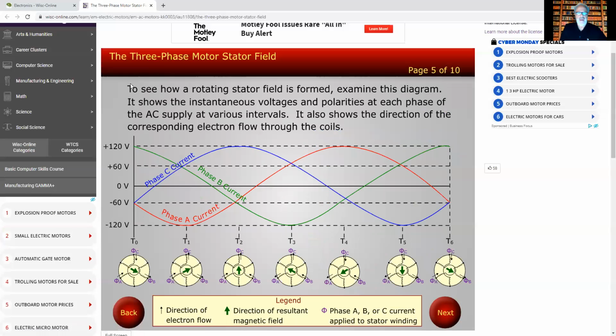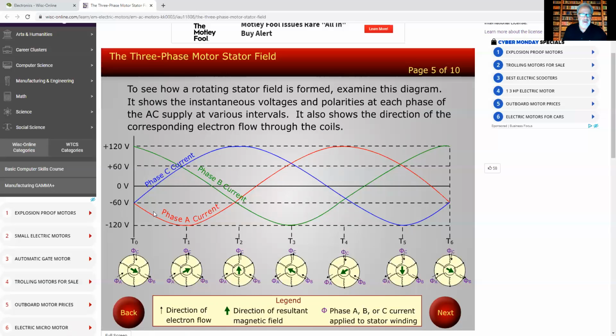Now, to see how this rotating stator field is formed, examine this diagram. It shows the instantaneous voltage and polarities at each phase of the AC supply at different intervals. It also shows the direction of the corresponding electron flow through the coils.